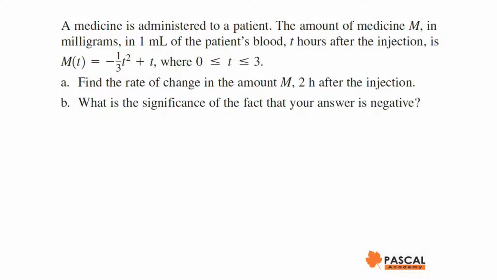Without solving the question, we know M(0) is 0 and M(3) is 0. That means at the beginning there is no medicine in the patient's blood, and after 3 hours the amount of medicine is 0 in the patient's blood.